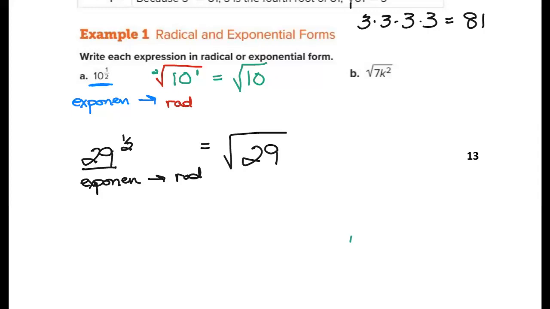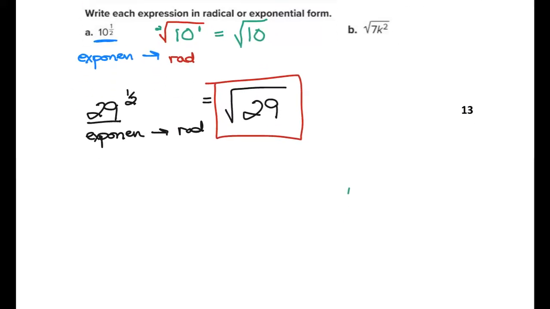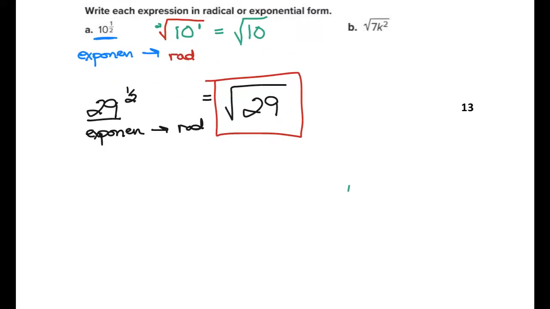You don't have to put the 1 there, or you could, because that's not going to change anything, right? And if I take the square root, that says what same number multiplied by itself gives you 29. I don't need that really either. So the answer is the square root of 29. So anything to the 1/2 power is equal to the square root of that anything. Does that make sense?